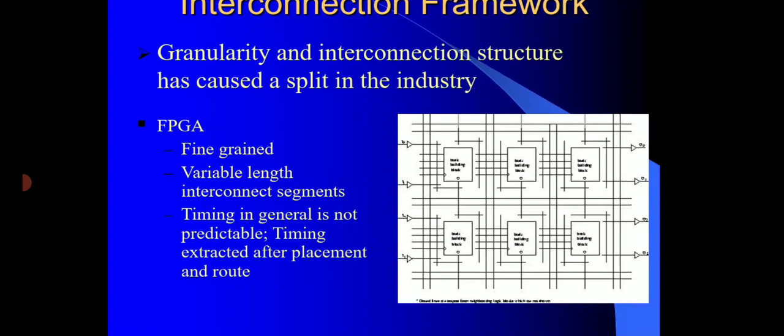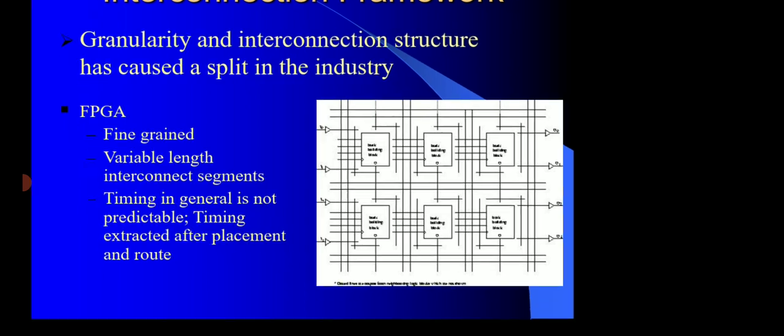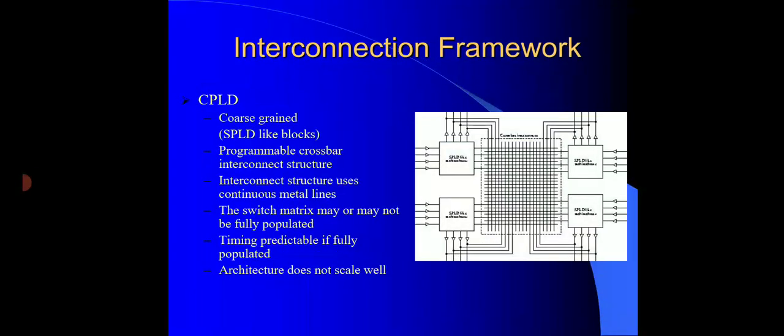It is extracted after placement and route. And in the interconnection network, you can see the CPLD. This programmable logic consists of a programmable crossbar which interconnects the structure. These interconnects are made up of metal lines as shown in this diagram. The switch matrix is fully populated along the CLB blocks, the timing is very predictable, and its architecture does not scale well.